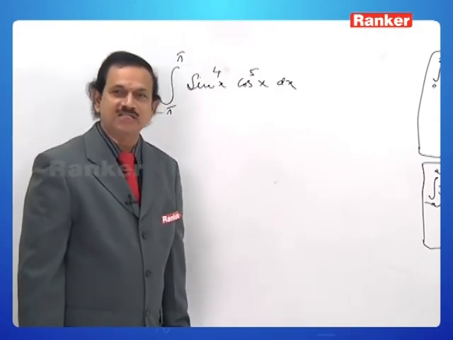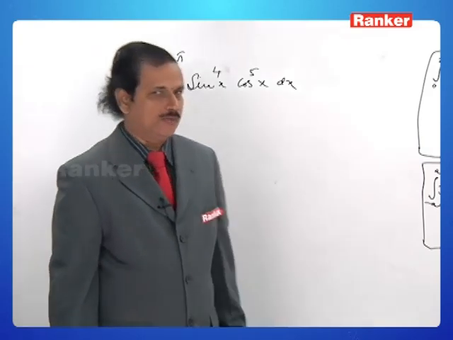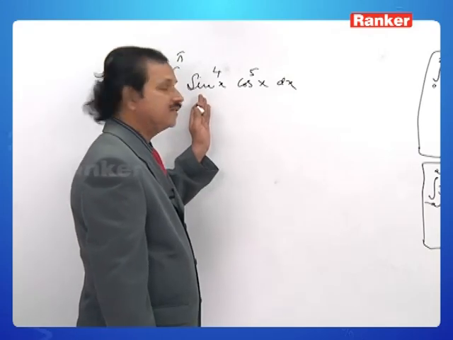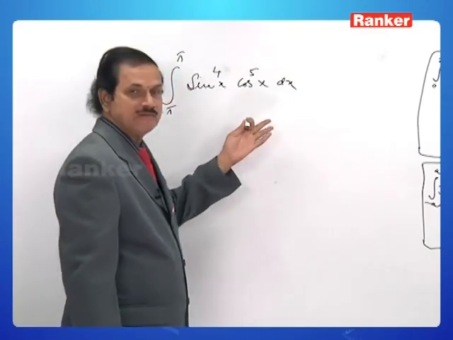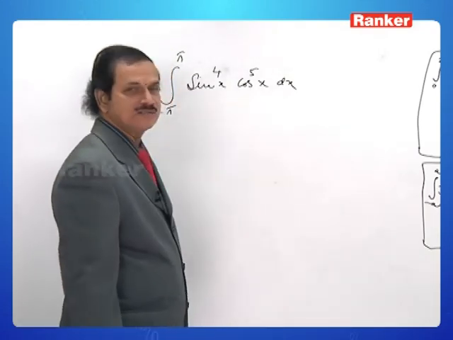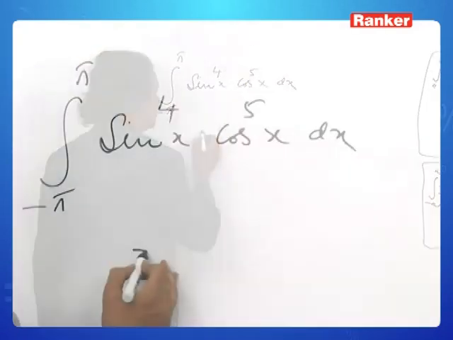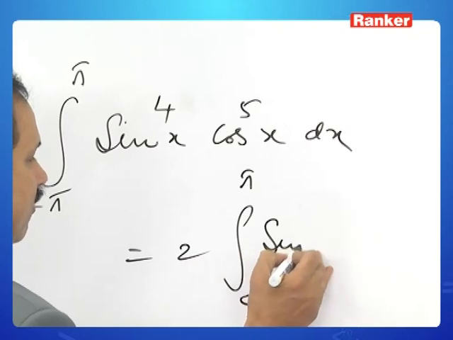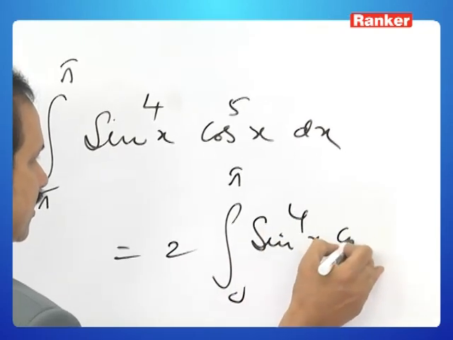The integrand, whether it is even or odd, that you have to test. Come on, sin power 4x is an even function, cos power 5x is an even function, totally it is an even function. Hence, you can write this as 2 into integral 0 to a of sin power 4x into cos power 5x dx.